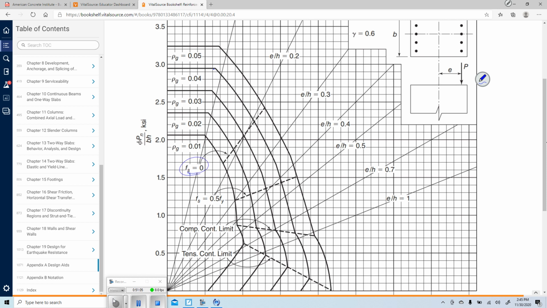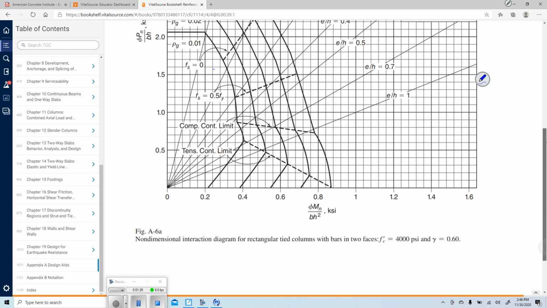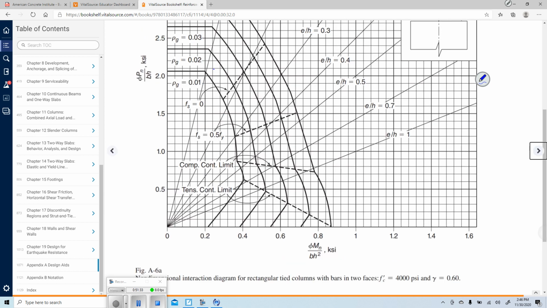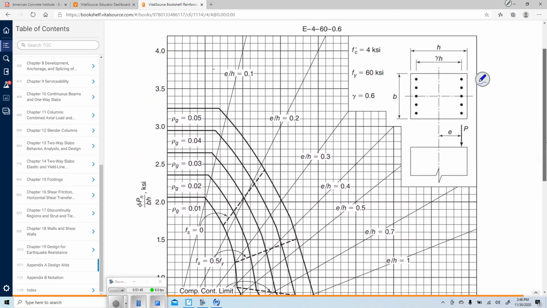Here's where you have no stress in your steel, half of your yield stress, compression limit, tension limit, and your e over h. Your moment over your b h squared. This is non-dimensional, or no, it's in ksi. So it's basically a stress, and your phi Pn or your M or your Pu over bh. So stare at this for a little while.